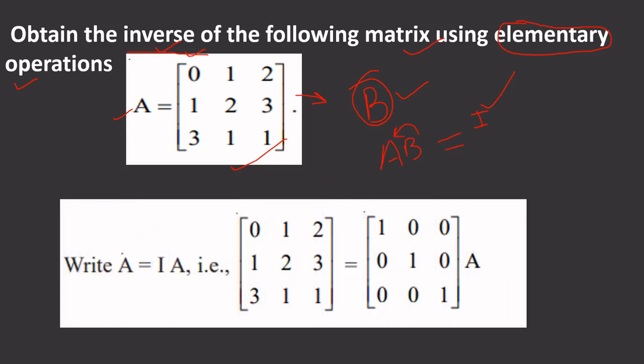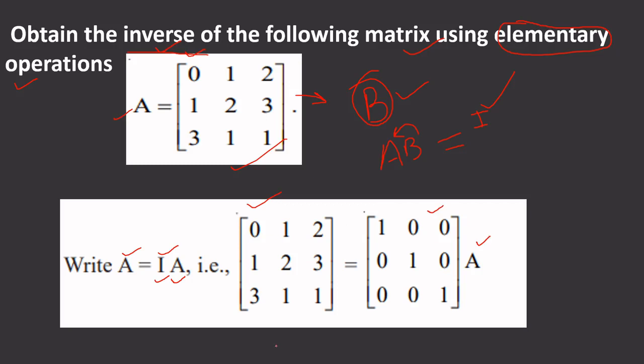We can say that A equals AI. We saw in the previous slide that if we multiply the identity matrix with any other matrix, there is no change. Okay, A is equal to IA.